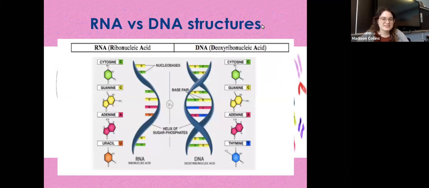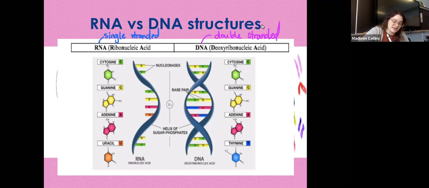But before we get to that, let's look at what the differences between RNA and DNA structures are. So DNA stands for deoxyribonucleic acid. You might see that this is a double-stranded molecule. But RNA stands for ribonucleic acid, and you may see that this is just a single-stranded molecule.